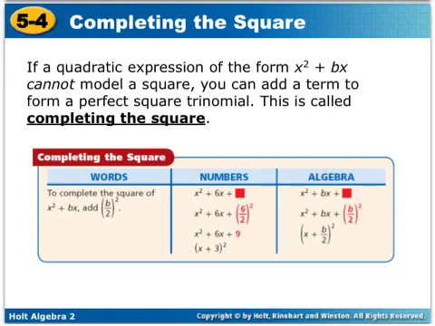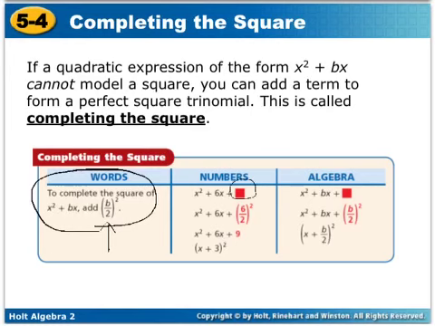All right, now we're going to get into completing the square. If a quadratic expression in the form of x squared plus bx cannot model a square, you can add a term to form a perfect square trinomial. This is called completing the square. To complete the square of x squared plus bx, you're going to add b over 2 squared to both sides.